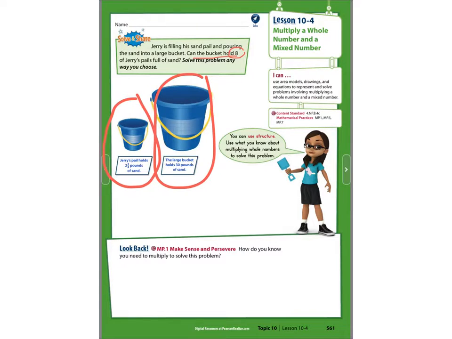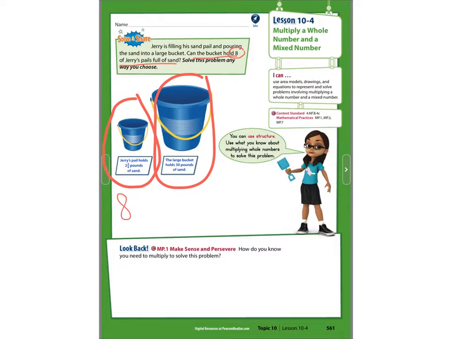So using my knowledge of multiplying fractions by whole numbers, I know that the whole number is going to tell me how many groups. So I know that that's going to be a part of my equation. So my whole number in my question is 8.